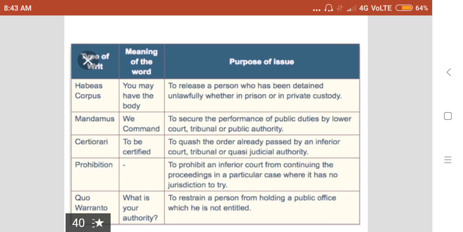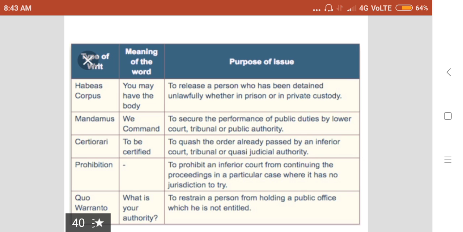Then, third writ, certiorari. Its meaning is to be certified. The purpose of this writ is to quash the order already passed by an inferior court, tribunal, or quasi-judicial authority. Fourth writ, prohibition.